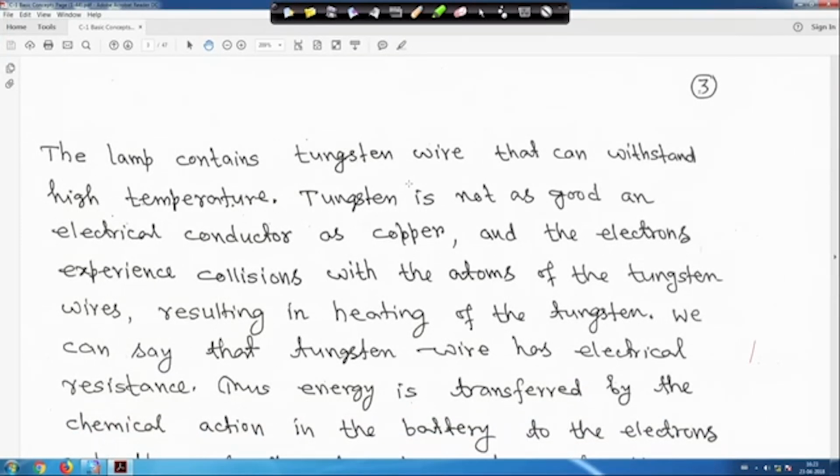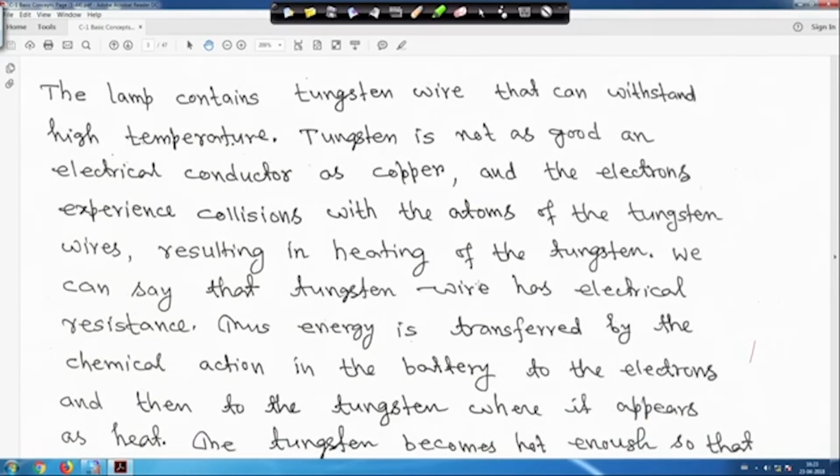Tungsten is not as good an electrical conductor as copper, and the electrons experience collisions with the atoms of the tungsten. The charge flows through the copper conductor and makes collisions with the atoms of the tungsten wire, resulting in heating of the tungsten. So we can say that the tungsten wire has electrical resistance.